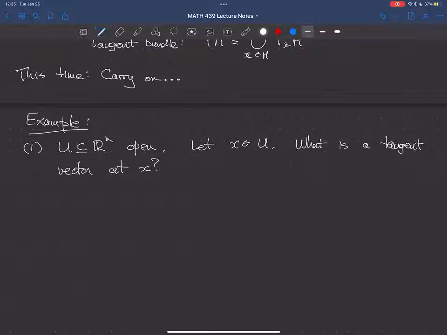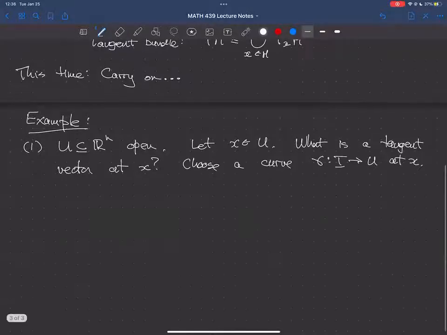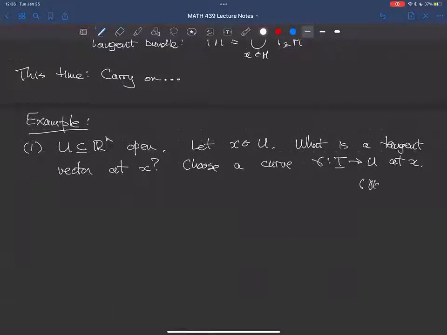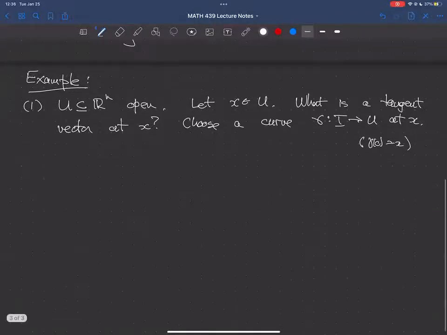So choose a curve gamma at x. Remember, a curve at x by definition has the property that gamma of 0 is equal to x, so it passes through x at time 0.